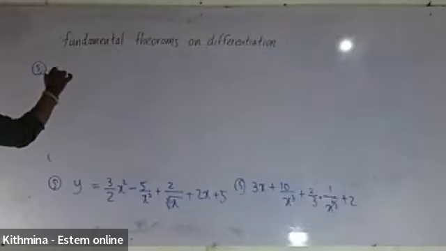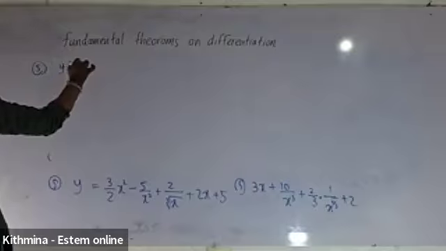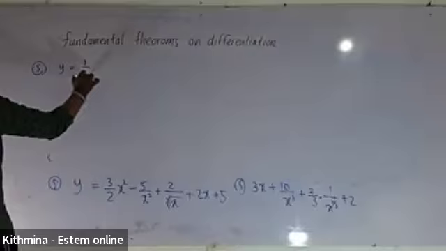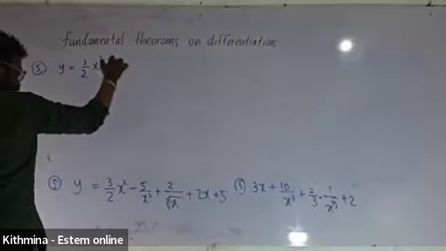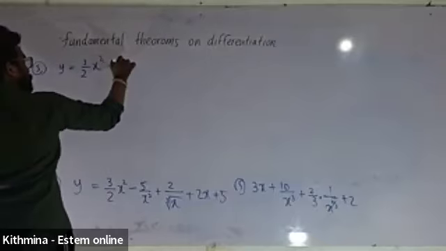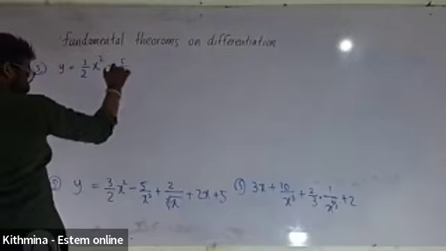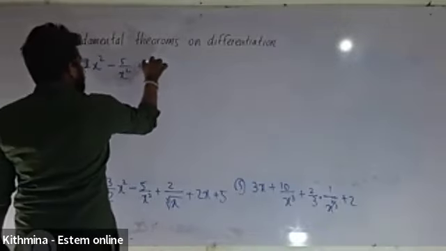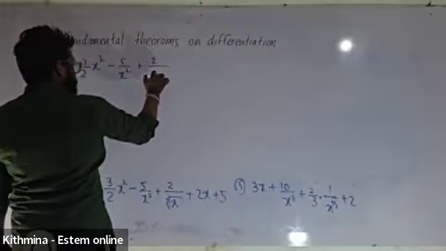The fifth question is y equals 3 over 2 x squared minus 5 over x squared plus 2 over 2x plus 5.